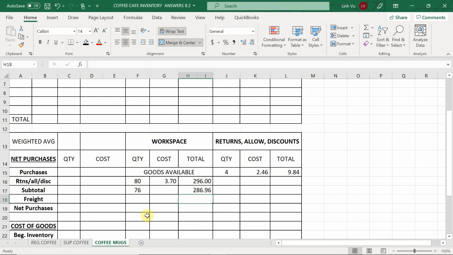But still, I'm making sure that when I'm calculating my inventory and making my returns, I'm refunding the correct amounts.